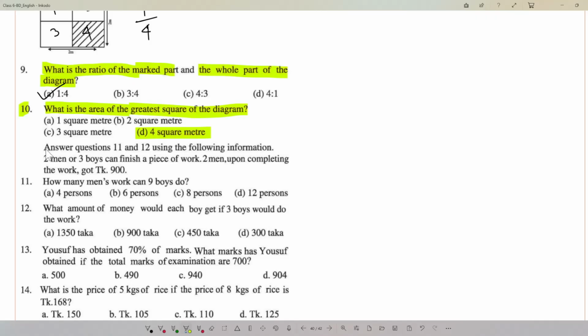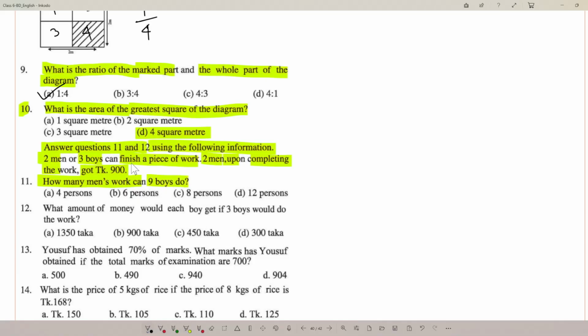Next question, answer questions 11 and 12 using the following information. 2 men or 3 boys can finish a piece of work. 2 men upon completing the work got 900 taka. So we have to understand this kind of question. Our question: how many men's work can 9 boys do?